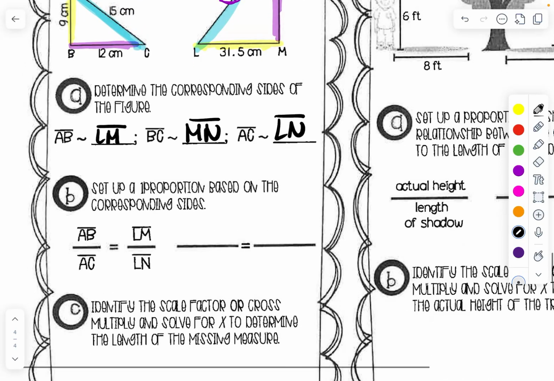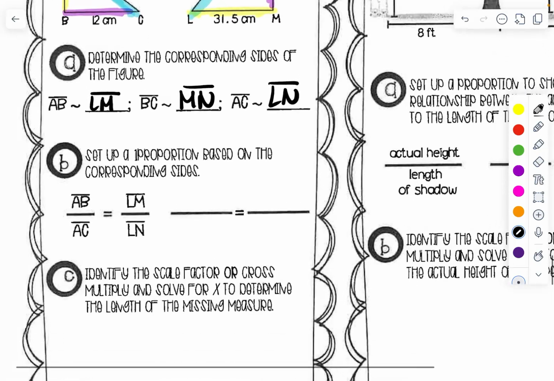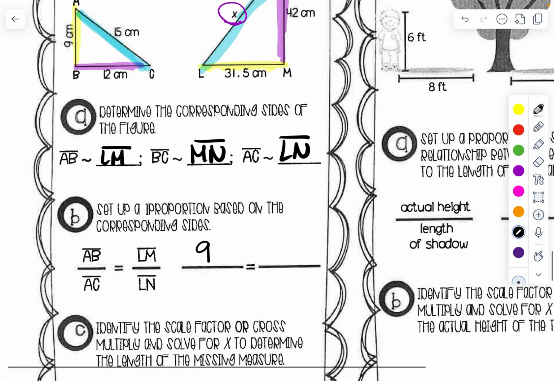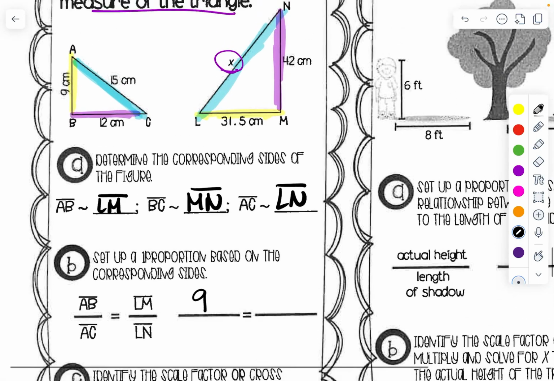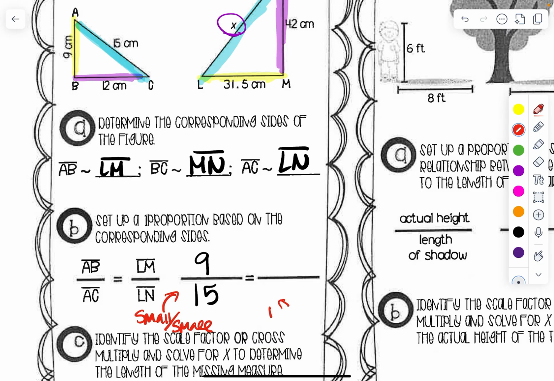So right here it says set up a proportion based on the corresponding sides. So this is just practice for what we're doing. So it says AB, so if I look up here, AB is 9, so I'm going to go ahead and put 9. AC is 15. So if you take a look at what they're doing, a small to small ratio, which means I'm going to do big to big here.